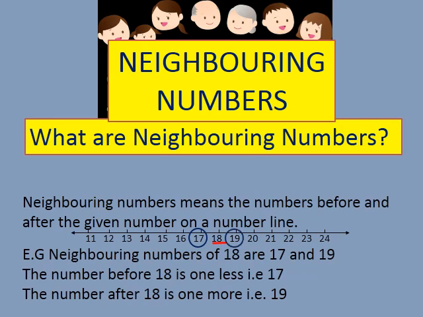So the neighboring numbers of the number 18 are 17 and 19. So basically neighboring numbers means the numbers that come before and after a given number.